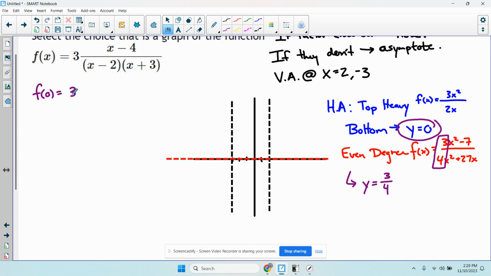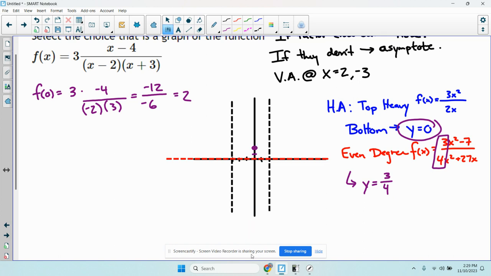This is 3 times, up top we have 0 minus 4, that's negative 4, over 0 minus 2, that's negative 2, times 3. This is negative 12 over negative 6. So it looks like I go through the point 0, comma 2.